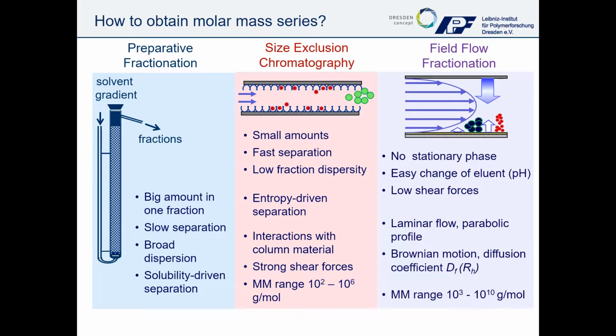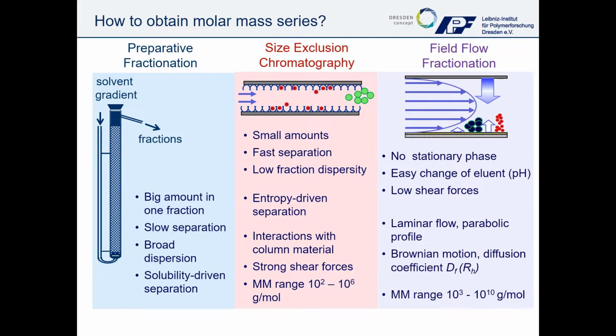This reduces the shear forces during the separation. However, this method of course also has disadvantages, and this is the molar mass range below about 5,000 Daltons. Within this range, the macromolecules, at least in the case of asymmetrical field flow fractionation, cannot be separated because they penetrate the membrane of the channel.